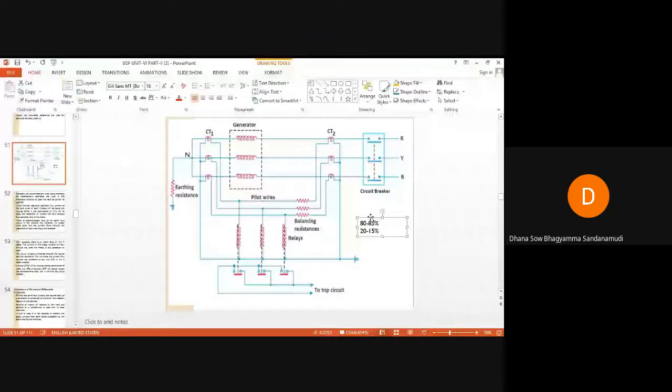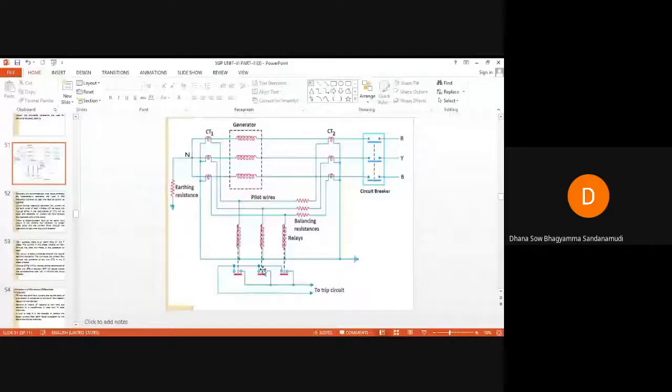If very low current is there in the relay coil and the relay is unable to sense the fault, it won't operate the trip circuit and the circuit breaker will not open. So by this Merz-Price circulating current protection scheme, we will be able to protect the alternator only 80 to 85%.